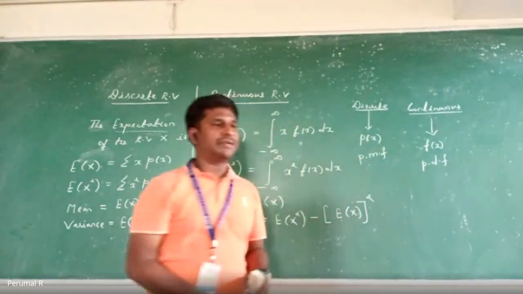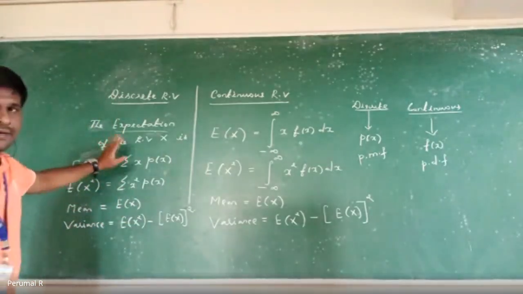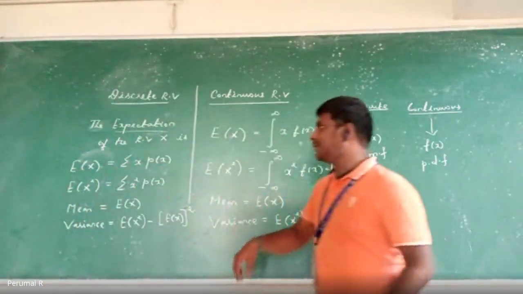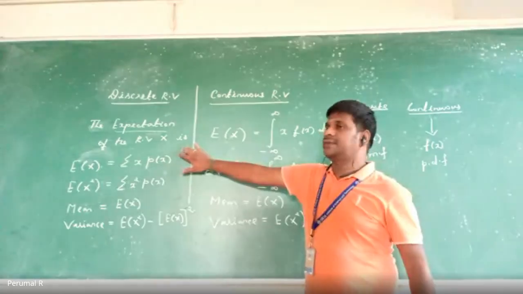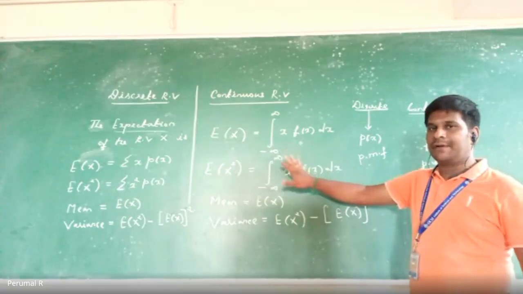Already explained in the previous class. So these are the formulas for getting the expectation of the discrete random variable and the expectation of the continuous random variable. Clear?